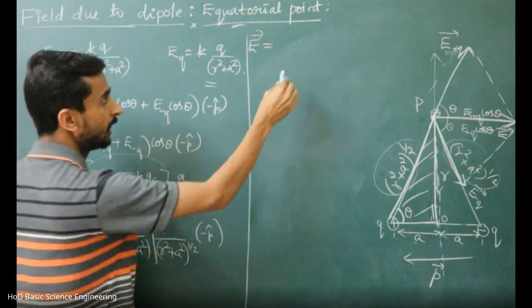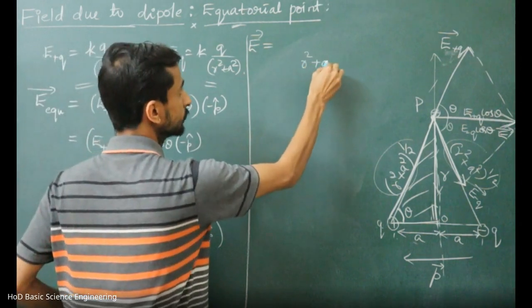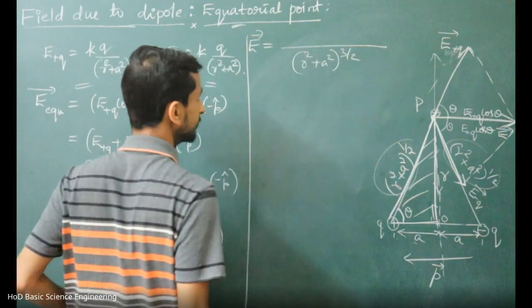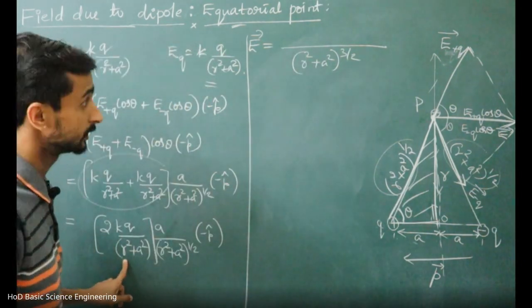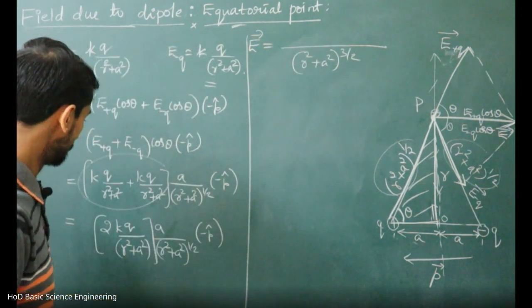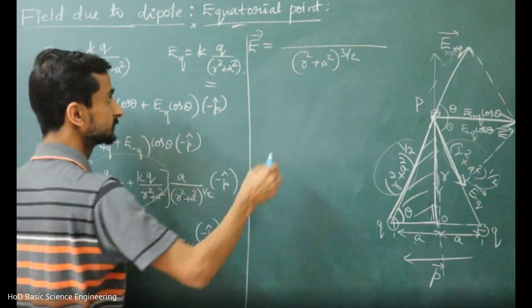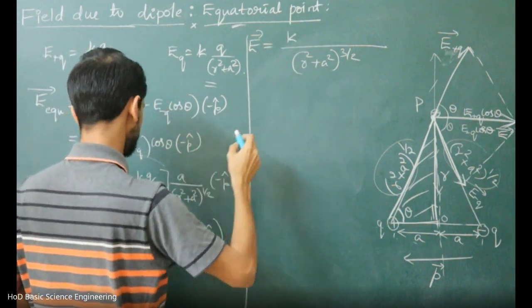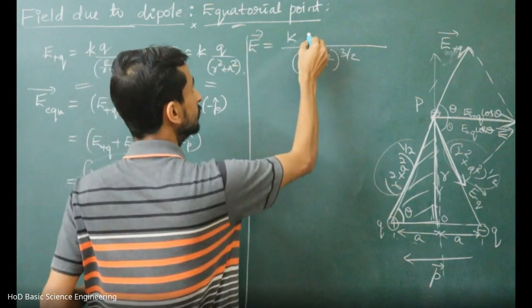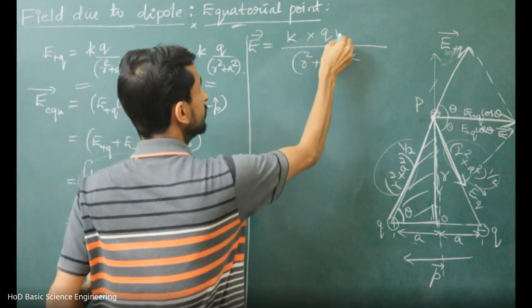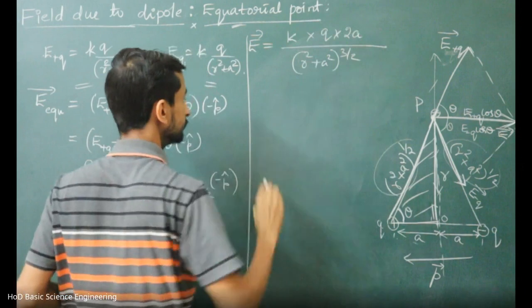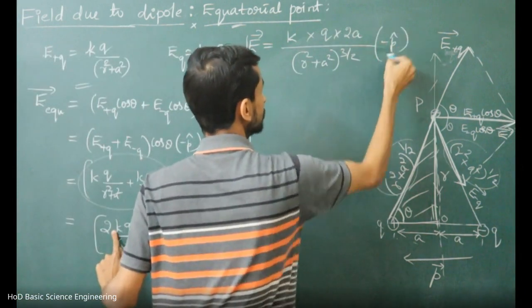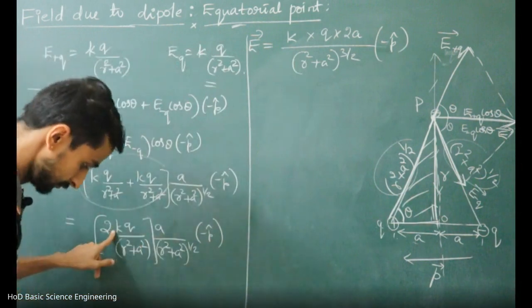That means r square plus a square to the power 3 by 2. And in the numerator, k into Q into 2A into minus P cap.